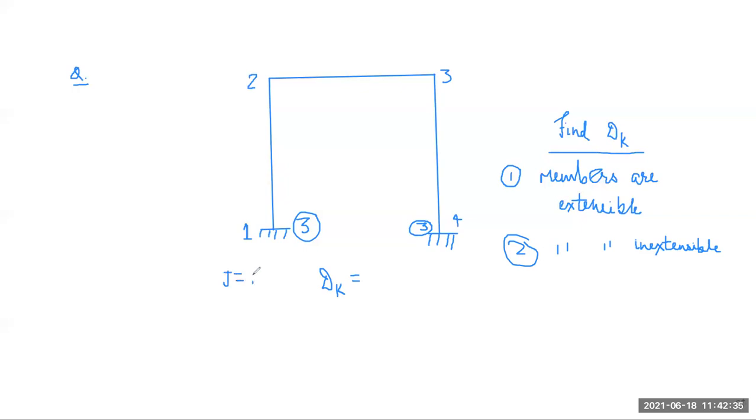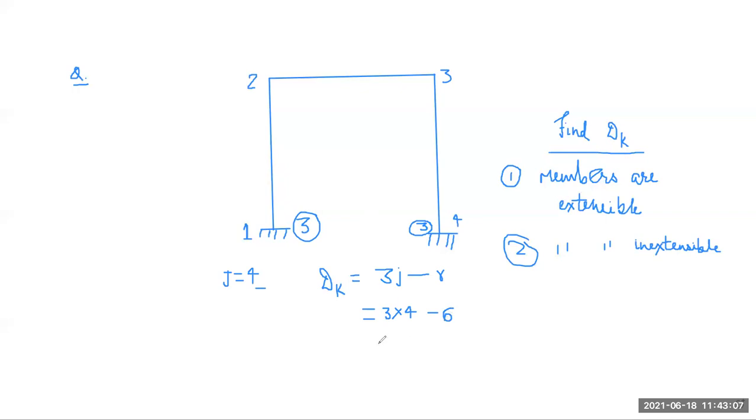So what is the J value? J is equal to 4. So you use your basic formula 3J minus R. Here J value is 4, so you use 3 into 4. What is the R value? That means the number of constraints.